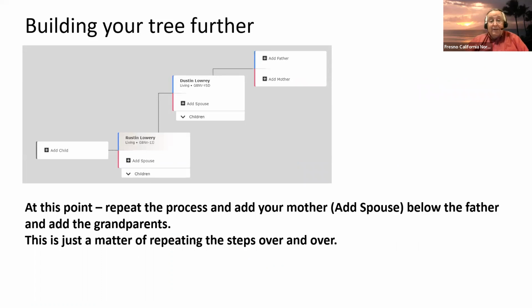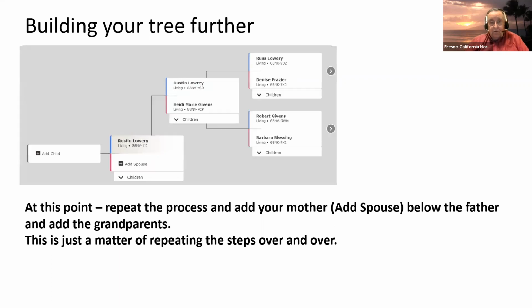That's all you have to do to get Dustin in there. It's not a big job. Now we need to repeat this process for all the other living people, Rustin's spouse, and then the grandparents. And we do that over and over, and within a couple of minutes, you've got the living family tree.